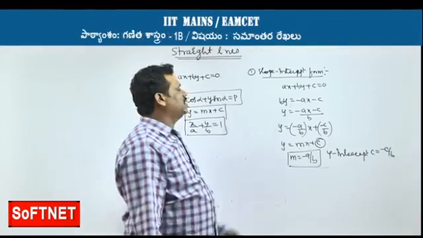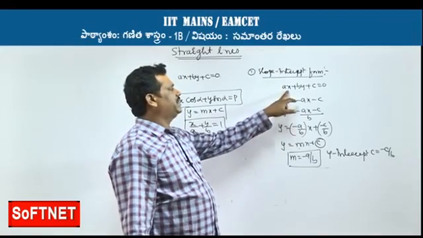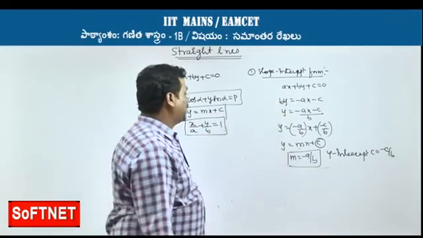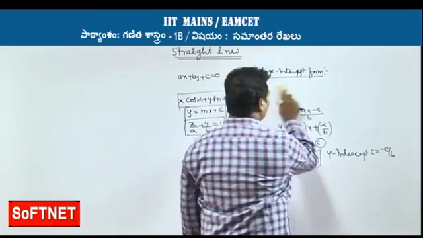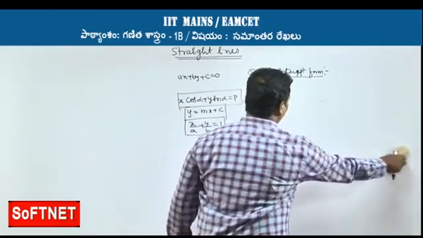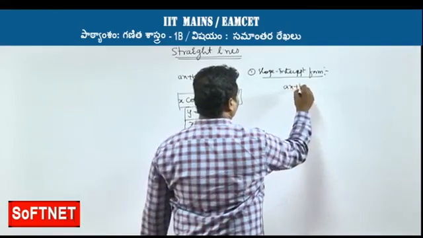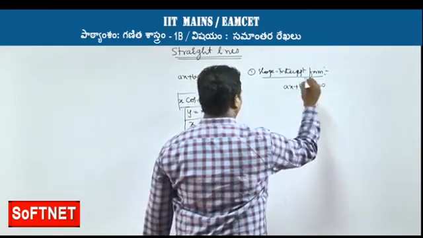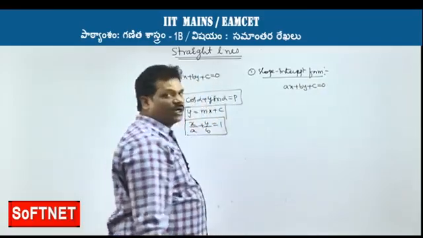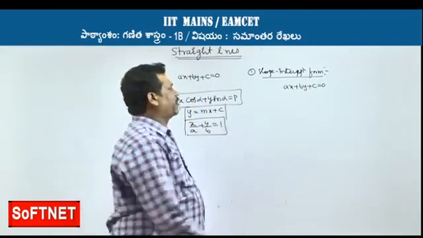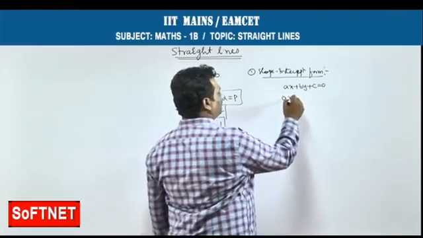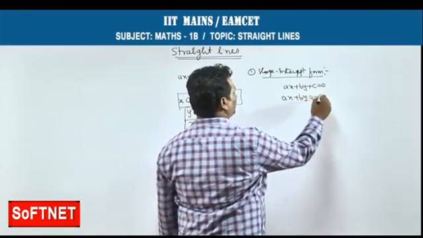Next, let us discuss the general equation of a straight line converted into intercept form. The intercept form is x by a plus y by b equal to 1. The general equation of a straight line is ax plus by plus c equal to 0. This equation is converted into intercept form, so it can be written as ax plus by equal to minus c.